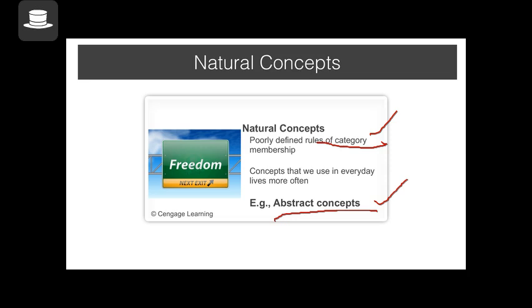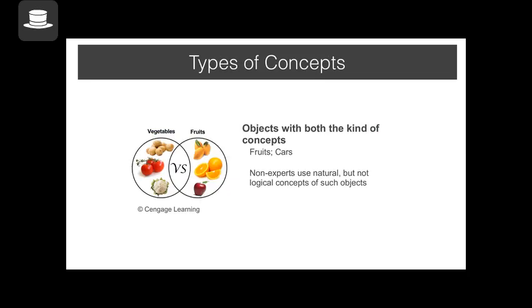But there are some objects which have both kinds of concepts, like fruits, right? The logical definition of it and the way we use it might be slightly different. Non-experts use it in a natural way, but experts would use it in a logical way.